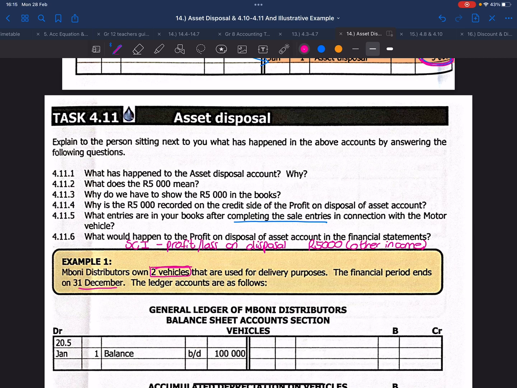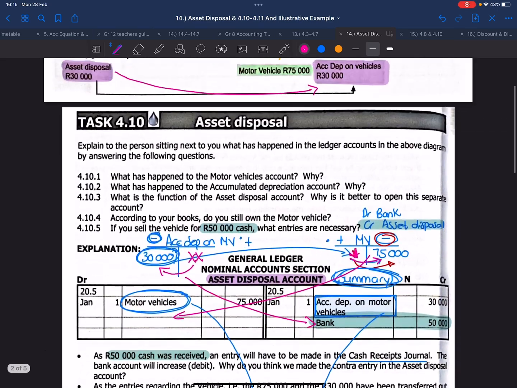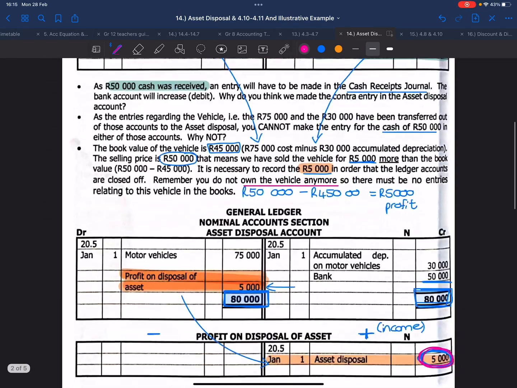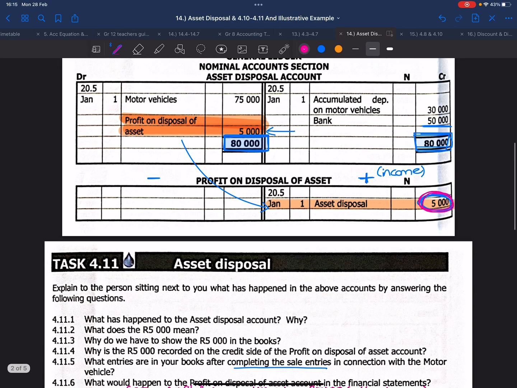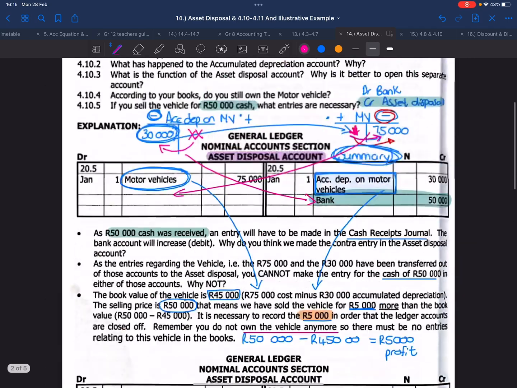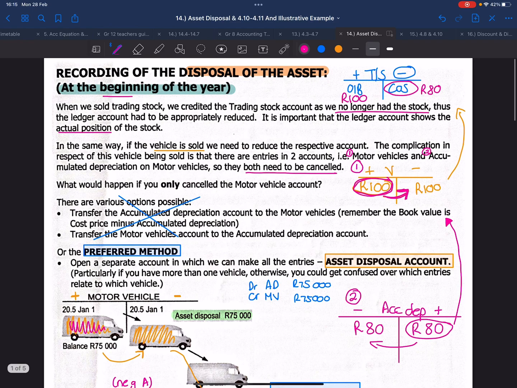If there is anything you're unsure of relating to 4.10 and 11 that I just did, all the explanation here, anything of asset disposal so far that you're unsure of, because this is the basics of it, and I need to make sure that you understand it now before we move on, because once we start disposing of an asset in the middle of the year and no longer at the beginning of the year, then it becomes more complicated, because then we have current year depreciation that we also have to take into account.